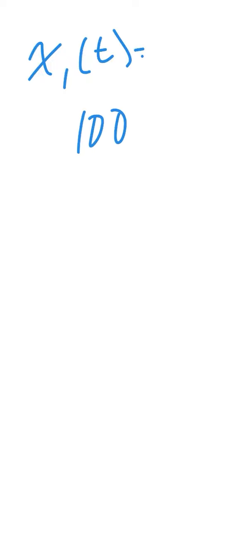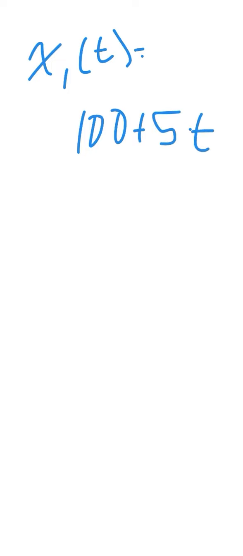Okay, so question number 1 says that we have an object that is following the law of x1(t) = 100 + 5t.